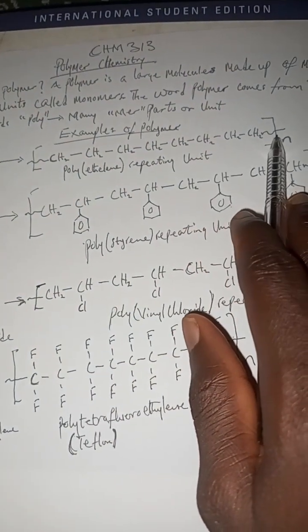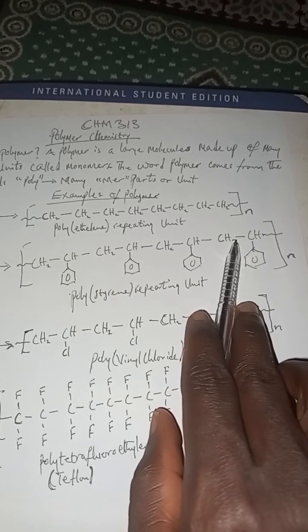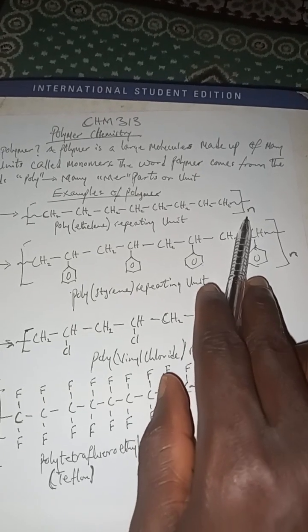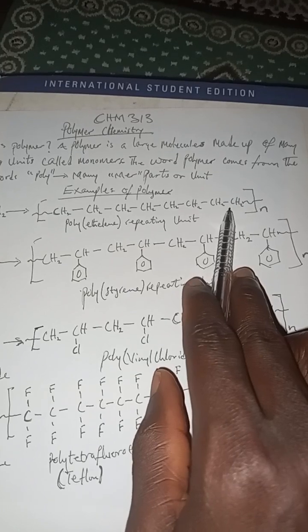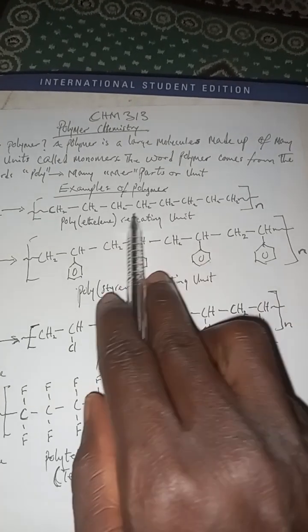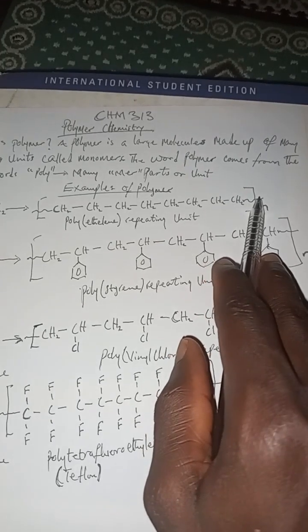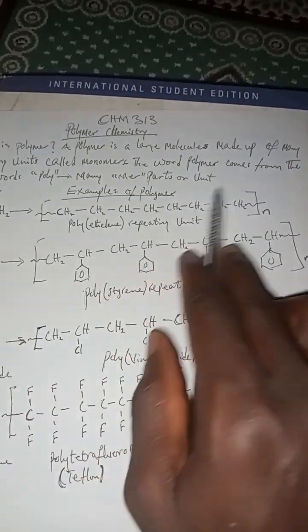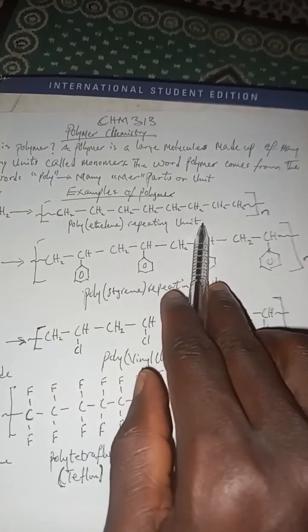Then you show the growing sides at the two ends and the n to show the degree of polymerization. When you show the degree of polymerization, it means the number of times that this molecule repeats itself. And this chain means the growing part. That's why I said polyethylene repeating units.